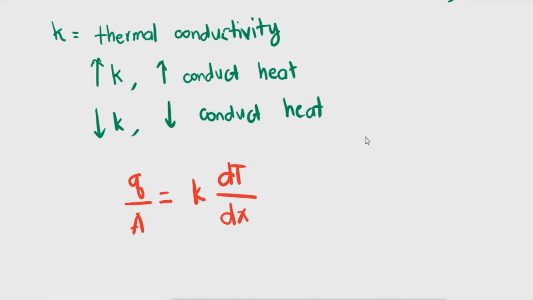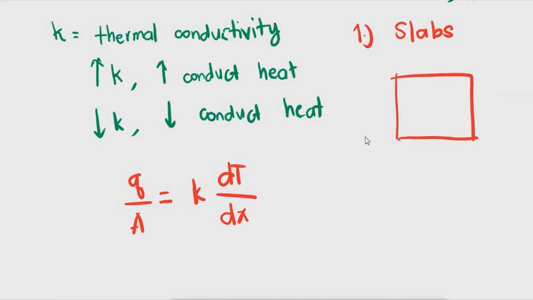Okay, and then if we are talking about slabs, we can just simply define the area. This one is a slab, and the area here is this one, the area here.